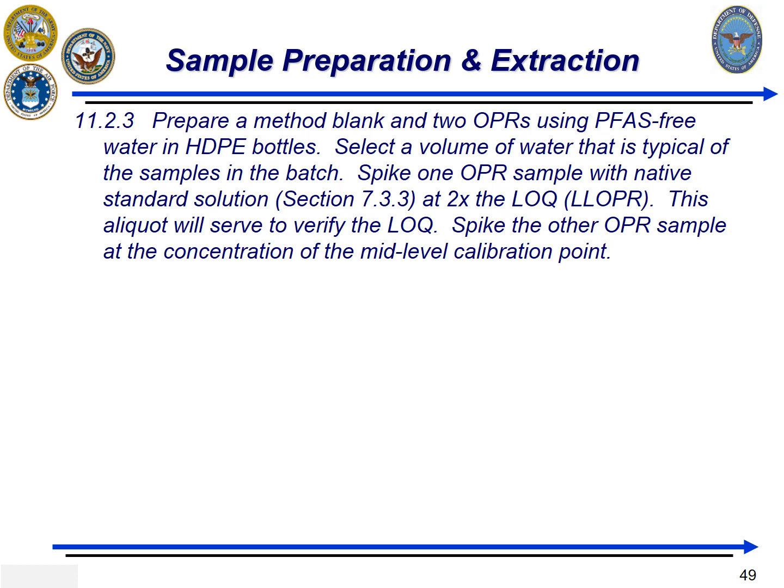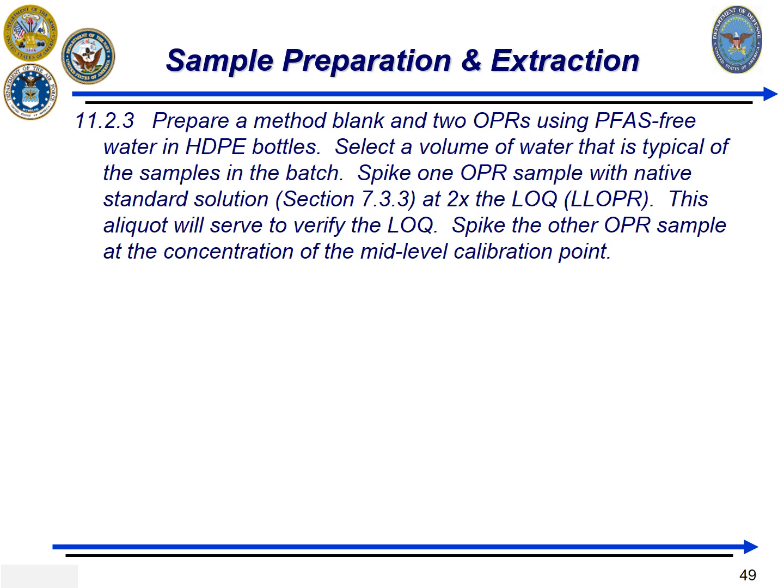These samples are created using PFAS-free water in HDPE bottles and should be the volume of water that is typical of the samples in that batch, so typically 500 milliliters for this method. One of the OPR samples is spiked with native standard solution at roughly 2 times the limit of quantitation. That's going to be your low-level OPR.